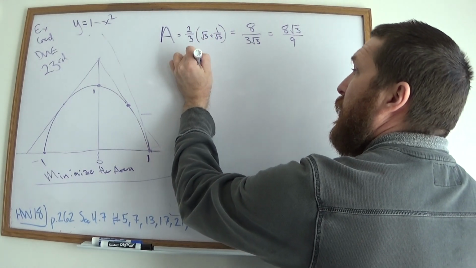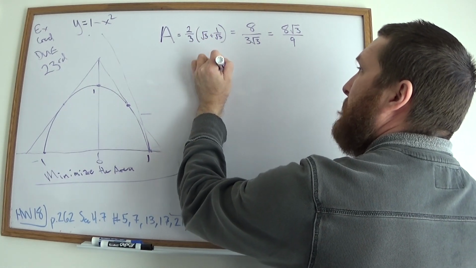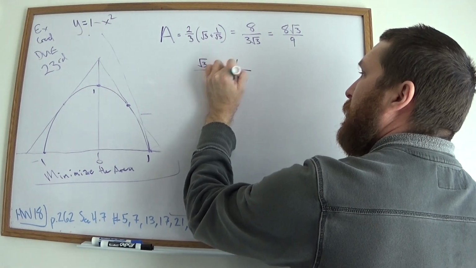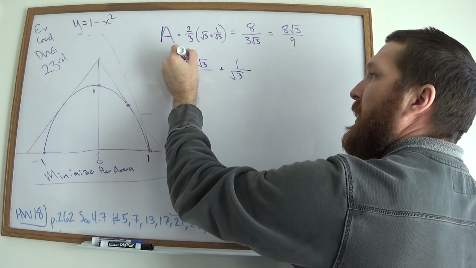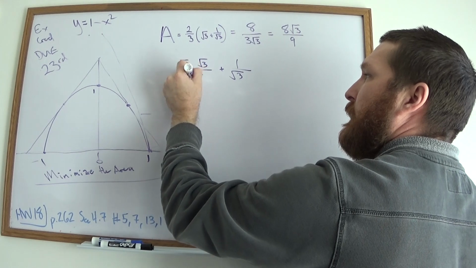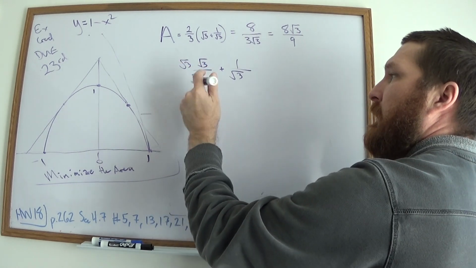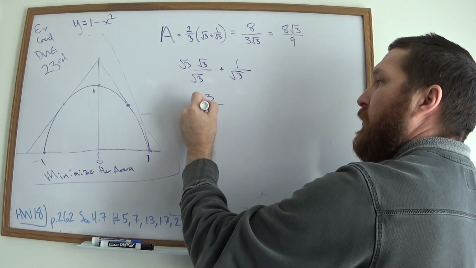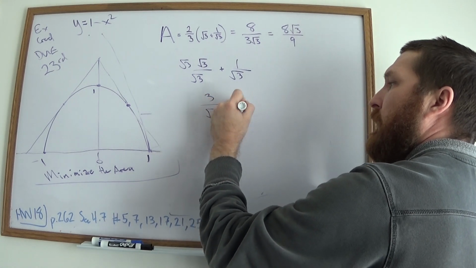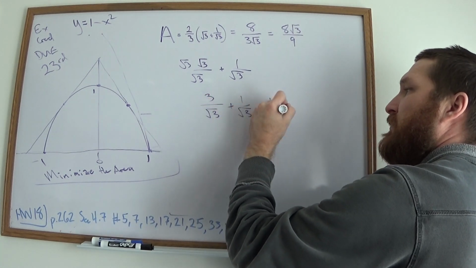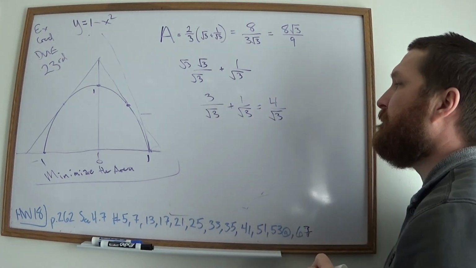This, root 3 plus 1 over root 3, is the same thing as multiply the top and the bottom by root 3, right there. That gives me 3 over root 3 plus 1 over root 3, which is the same thing as 4 over root 3.